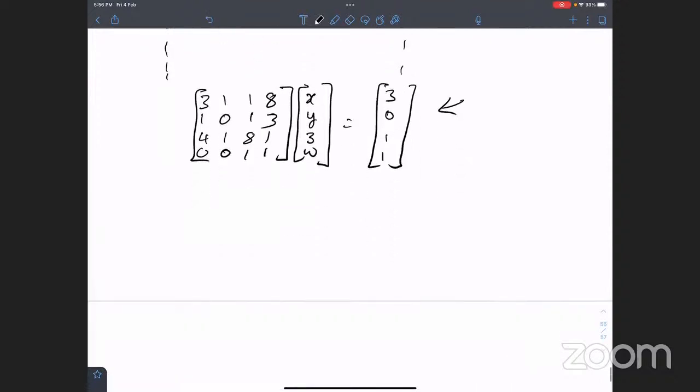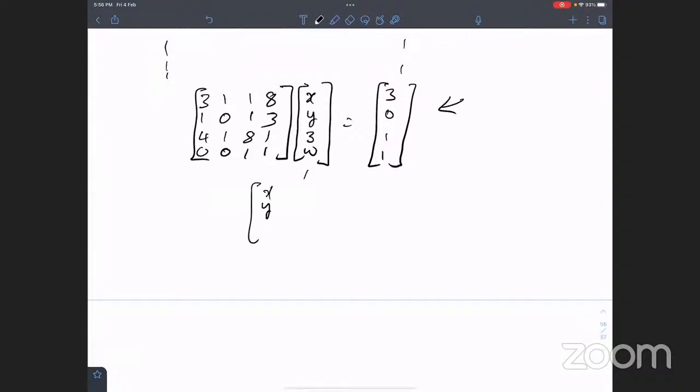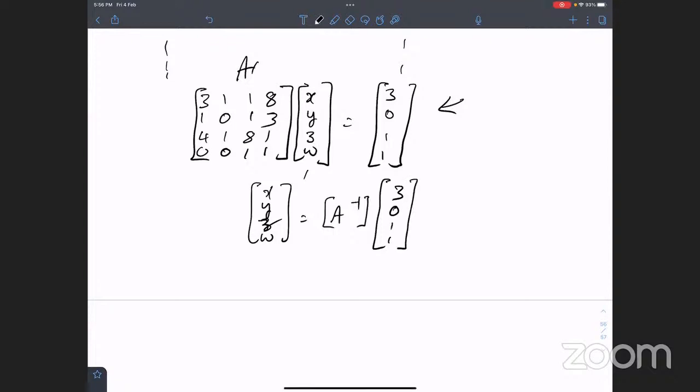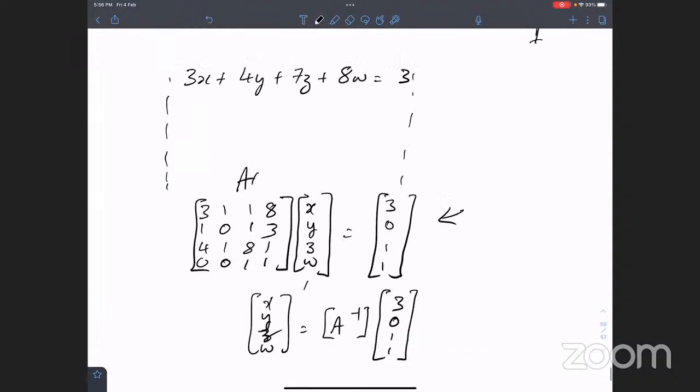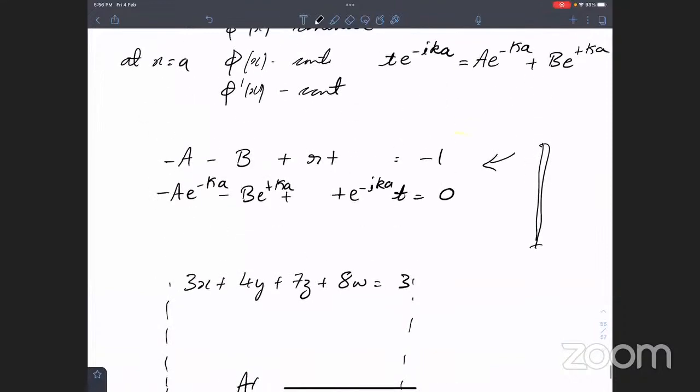How do we solve this? Well, we solve it easily. The unknown matrix x, y, z, w is nothing but, if I call this matrix A, the inverse matrix times 3, 0, 1, 1. This is how we solve linear equations, and then we get all these 4 numbers. The same is happening here.